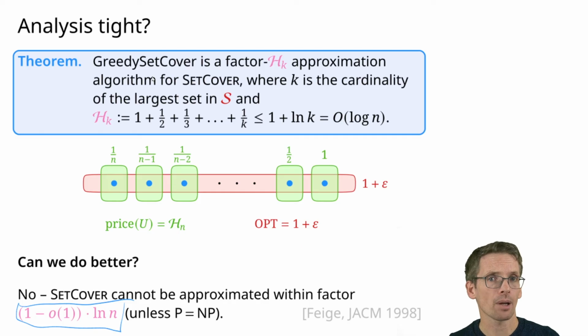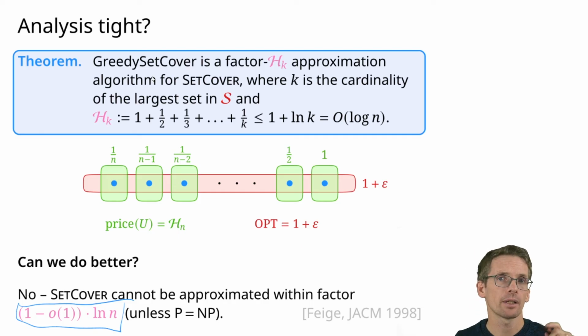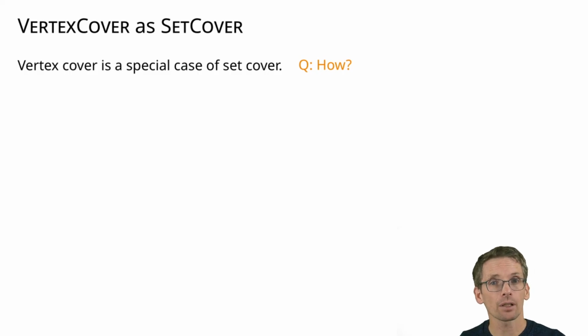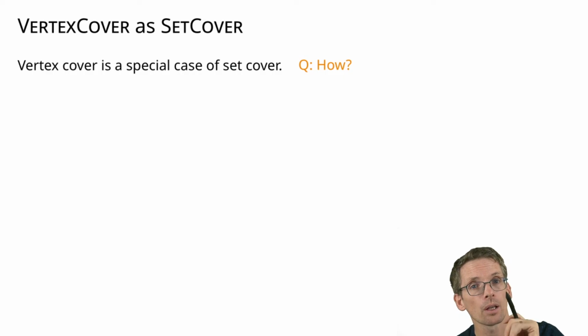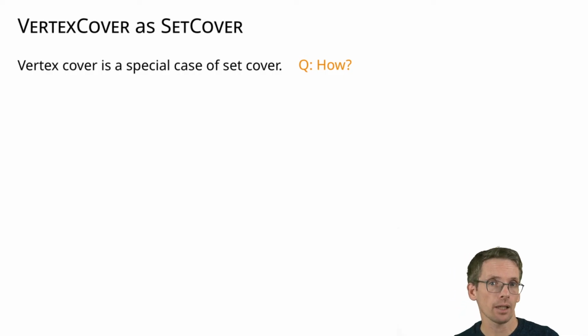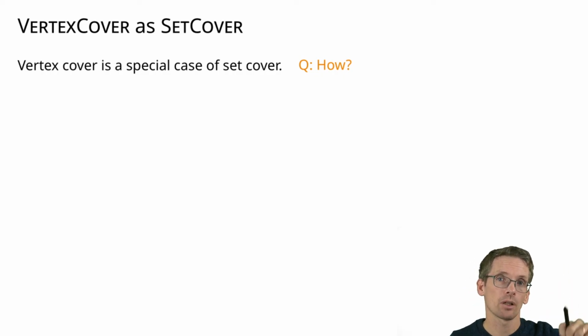Before we wrap up, let's look at one interesting special case, and that is vertex cover. The vertex cover can be seen as a set cover problem. Maybe pause for a moment to think about why that is. In vertex cover, we want to cover the edges. So our universe is a set of edges.